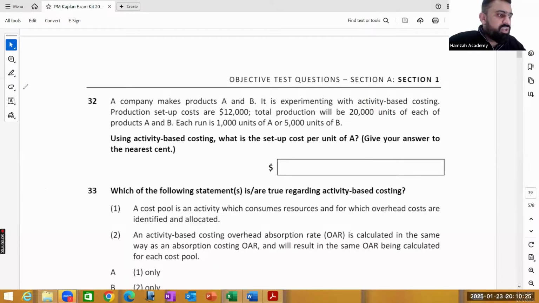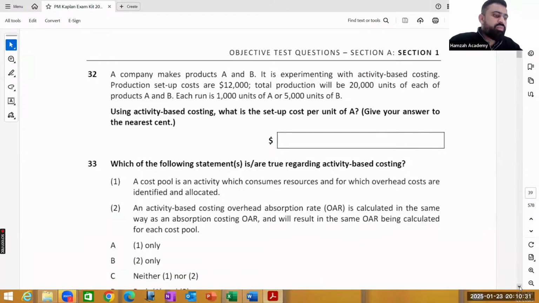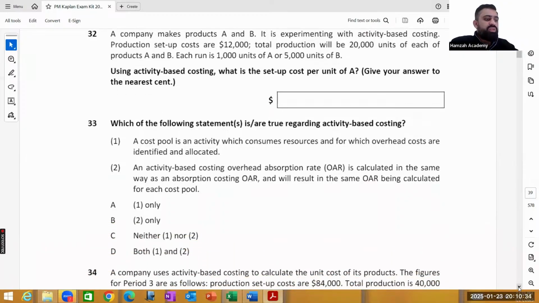Which of the following statements is or are true relating to ABC? Statement 1, a cost pool is an activity which consumes resource and for which overhead costs are identified and allocated. And statement 2 is ABC overhead absorption rate is calculated in the same way as absorption costing and will result in the same overhead absorption rate.